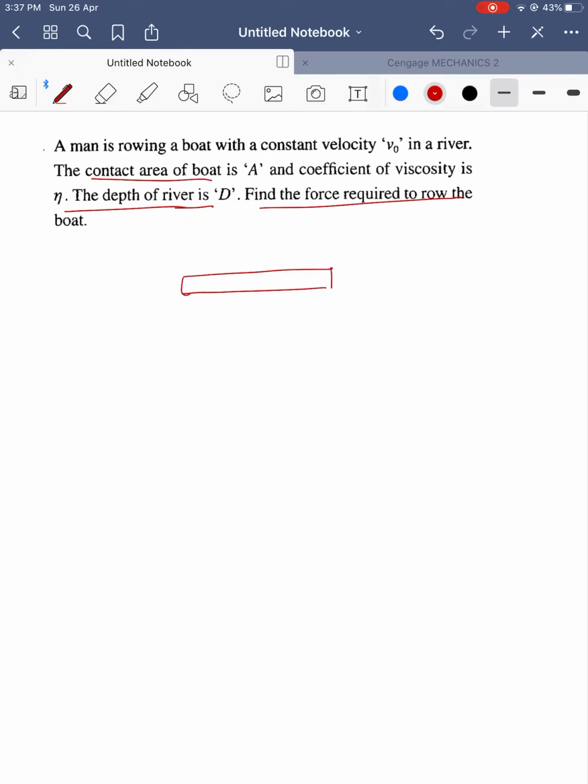Say this is a man who is in a boat and the liquid of depth d, and at the depth here velocity is equal to 0. With how much velocity is he going? He is going with the velocity v0. Because he is going in the forward direction, the viscous force Fv will act in the backward direction. To overcome the viscous force, he has to apply some external force.